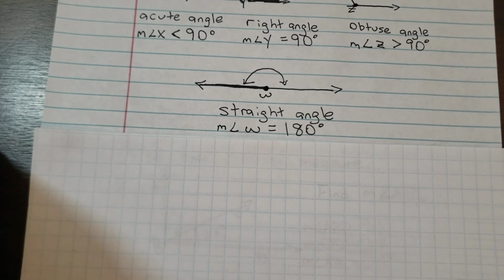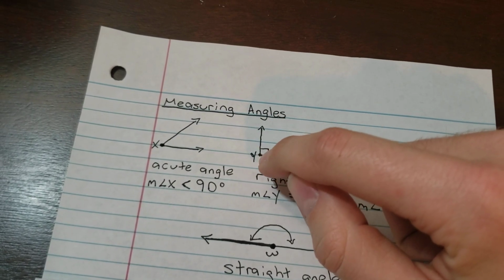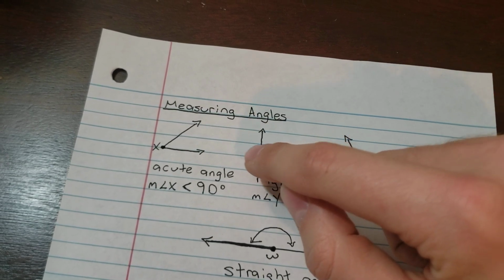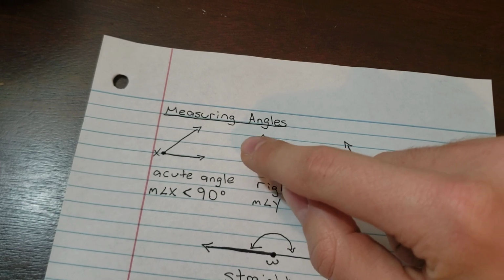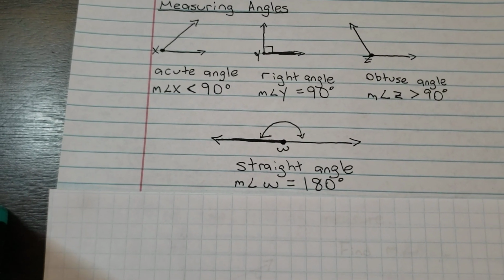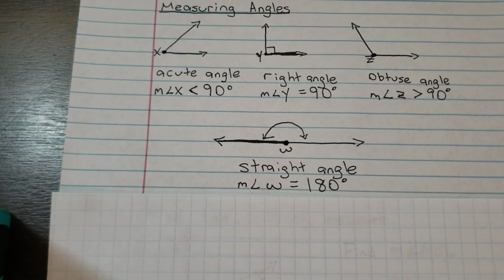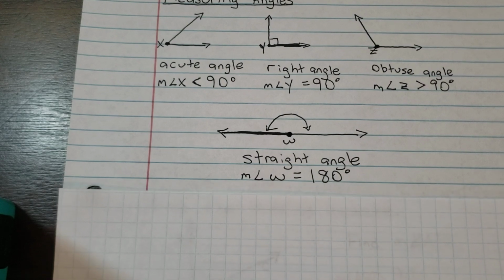And this kind of makes sense, because look, if I have one right angle here, but then I just extend this line to go this way, well, it'd be 90 degrees plus 90 degrees. 90 plus 90 is 180. A straight angle has two right angles, where a straight angle measures 180 degrees.